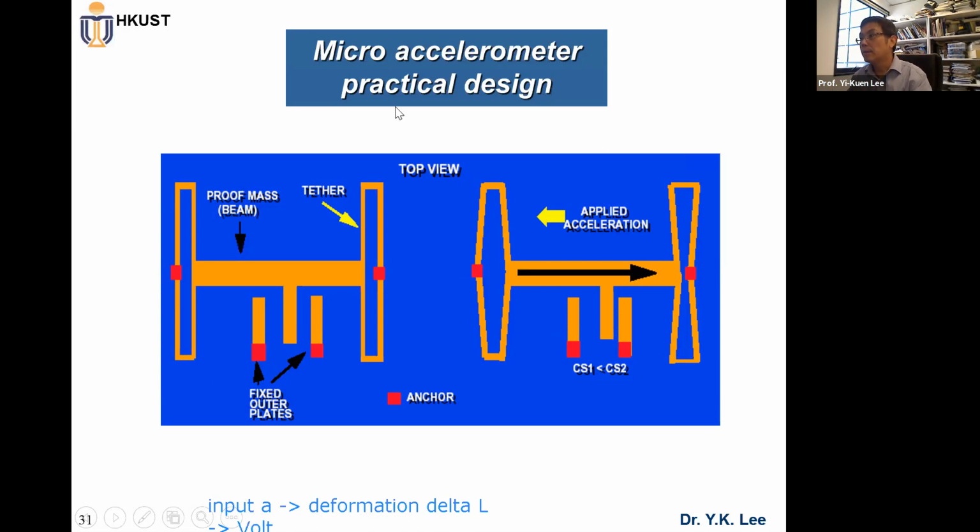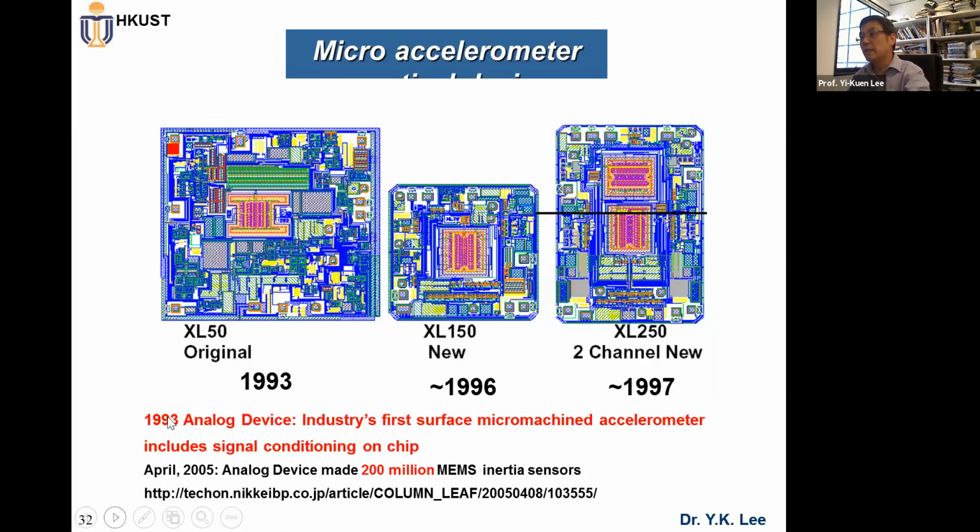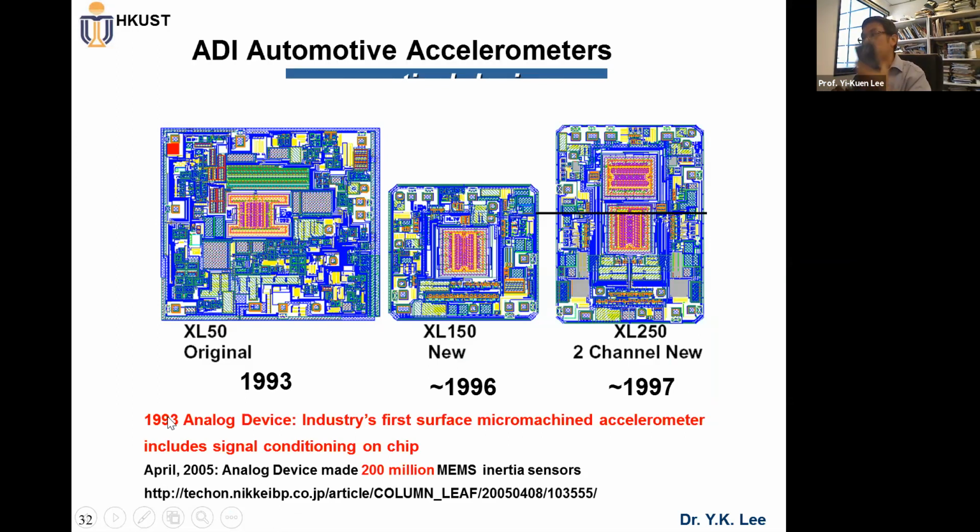And let me check here. Of course, we also show you a real MEMS accelerometer in your smartphone. Basically, you have not only the micro mass-spring system, you also have on-chip electronics, so that you can really convert mechanical input into electric output.